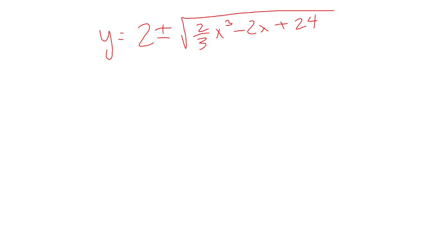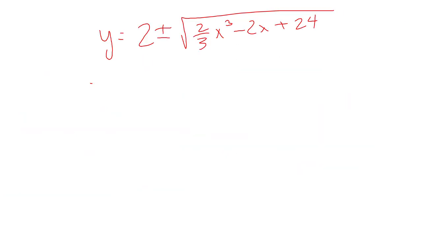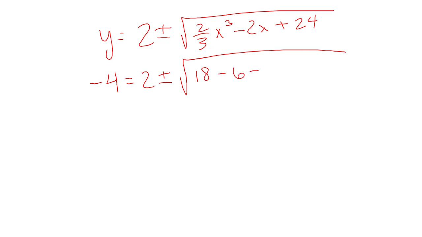Remembering that our initial condition, right, our initial condition was that when x is 3, y is negative 4. So I need to get negative 4 is 2 plus or minus the square root of, well, when I plug in 3 here, that becomes 18 minus 6 plus 24. And if we plug in 3 for x, we have 27 over 3 is 9, times 2 is 18, and then minus 6 plus 24.